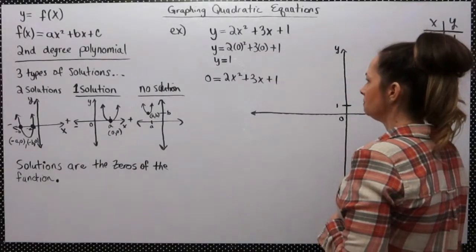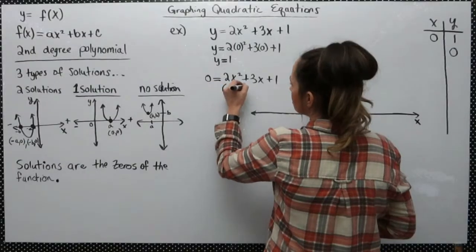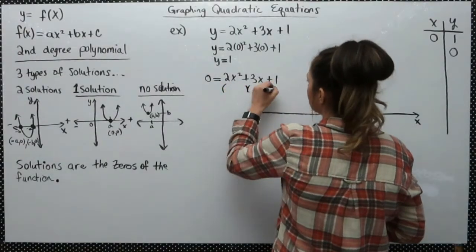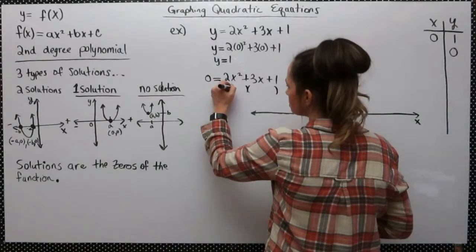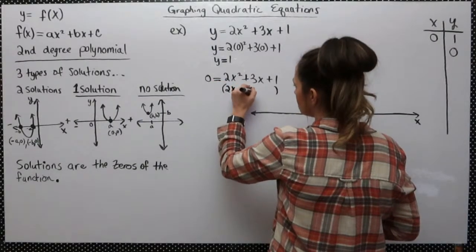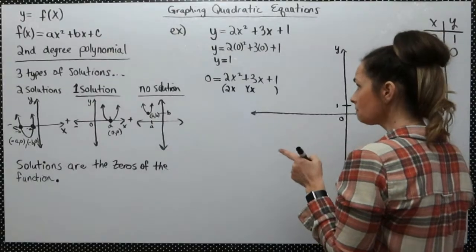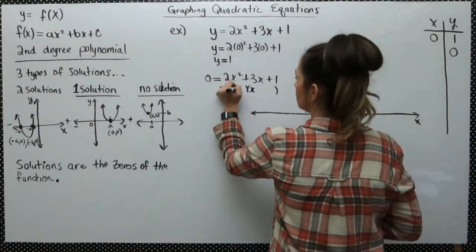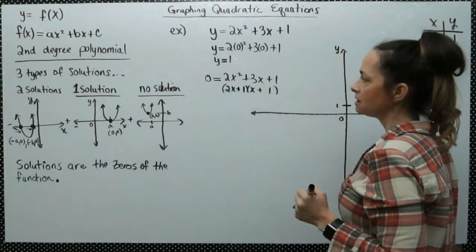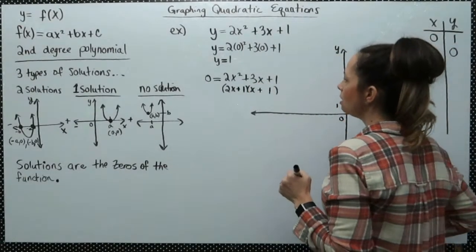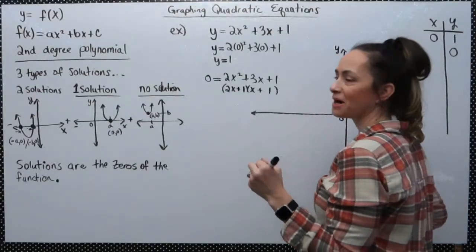And if you didn't know that it factored, or you didn't know how to factor it, you could use the quadratic formula. However, it does factor, and I was able to recognize the factors, but factoring takes practice.